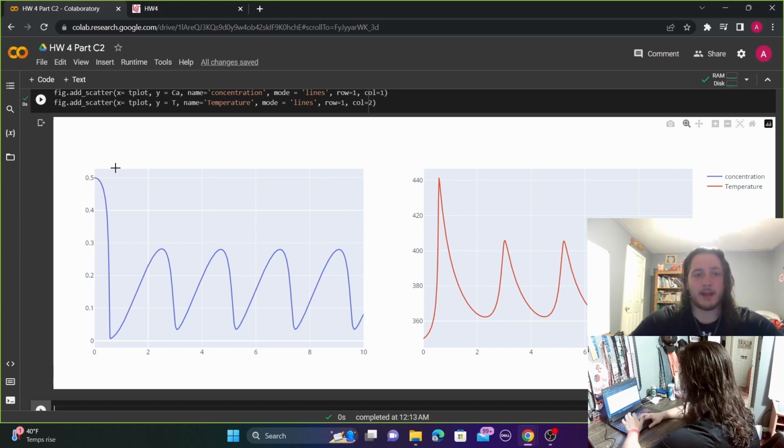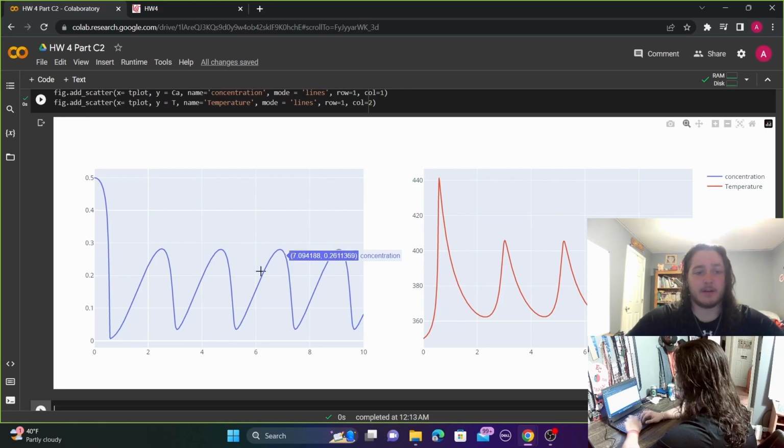So we can determine that these two plots are sort of like inverses of each other. As we're starting at a high concentration going down, we are starting at a low temperature and rapidly going up, which is creating this oscillatory function that we have here. That is all for this video. Thank you.